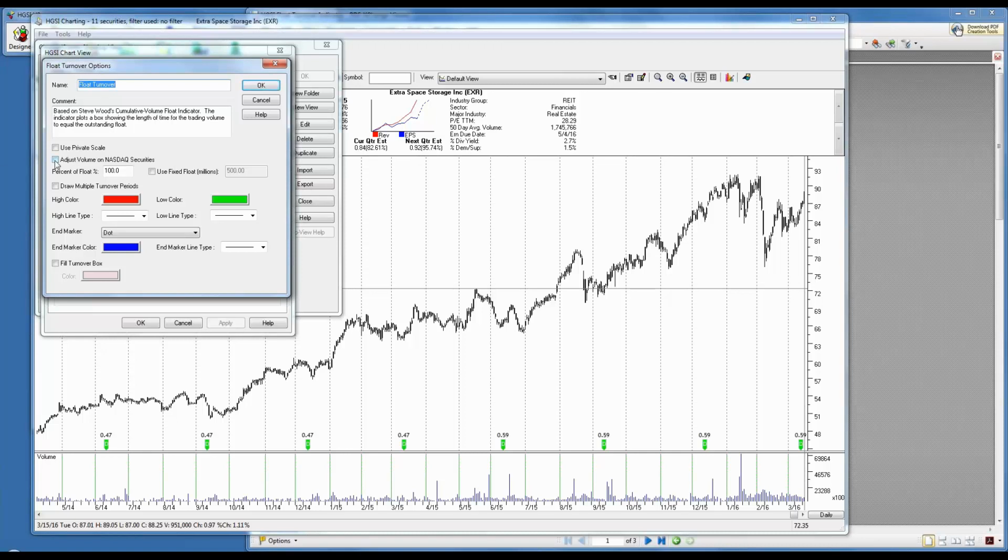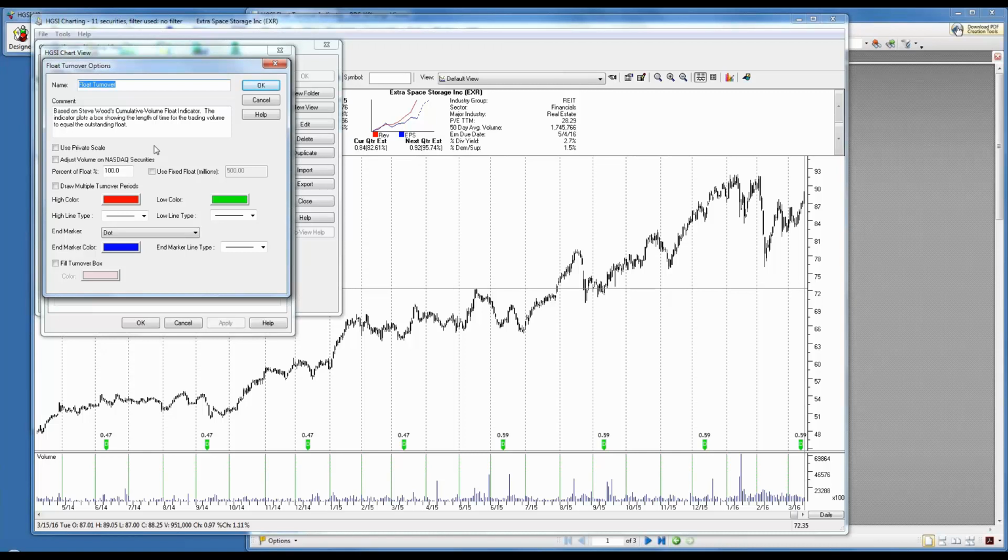Now, this first option, adjust the volume on NASDAQ securities. If you read the book, basically the idea is that NASDAQ securities, because of the way those issues are traded, the volume on NASDAQ stocks, at least in the past, would be counted twice. It would be counted once for the buy and once for the sell.